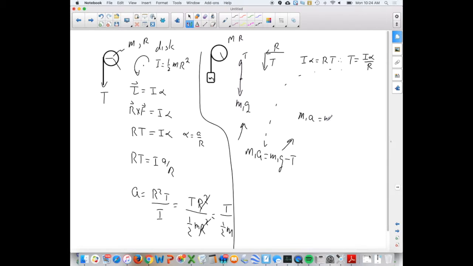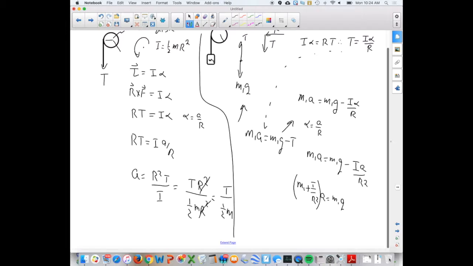M1A is equal to M1G minus I alpha over R. Remember that alpha is equal to A over R, so I can rewrite this as M1A is M1G minus IA over R squared. And then rearranging this, I get M1 plus I over R squared, all times A, is M1G.